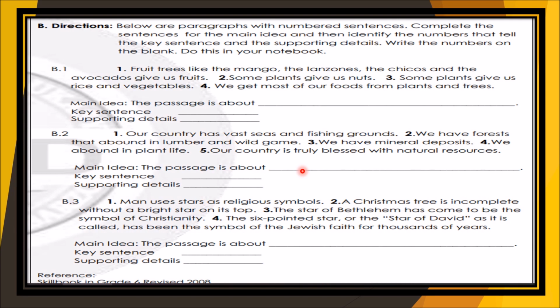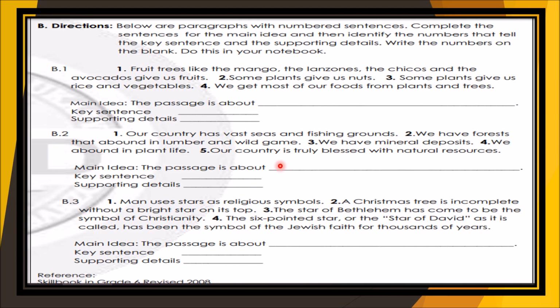So you can find this one. The main idea, you can find this one in what number, by the way? Okay, in what number?